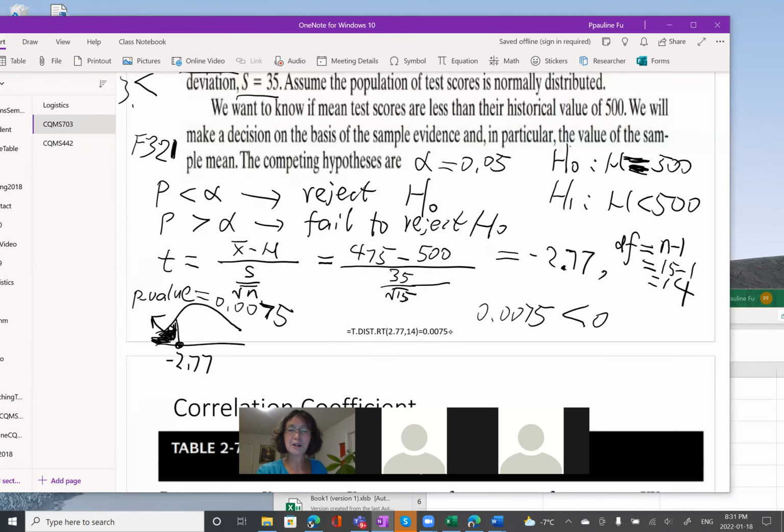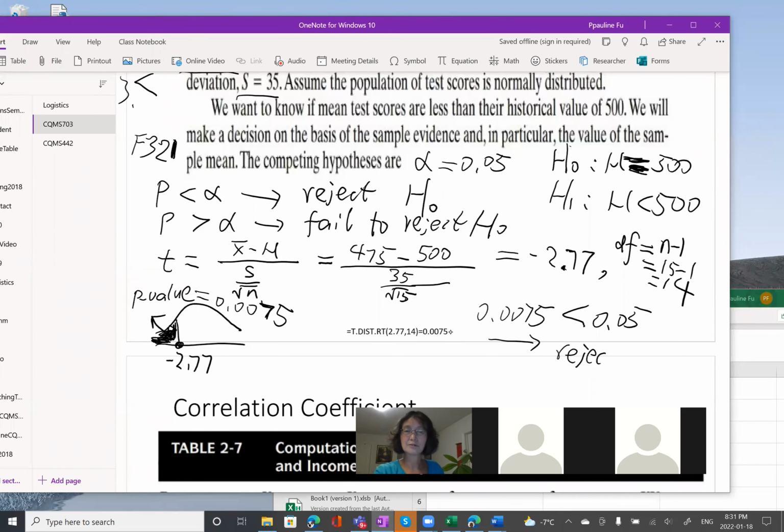Obviously, the p-value is smaller than alpha. What is alpha? Alpha is given, 0.05. If alpha is not given, you assume it is 0.05. So when the p-value is smaller than alpha, reject H0.